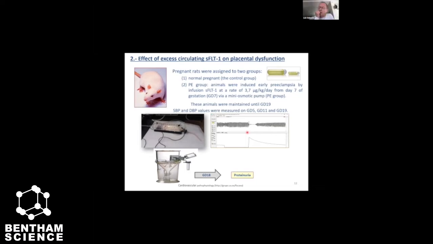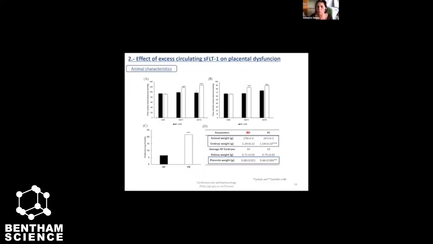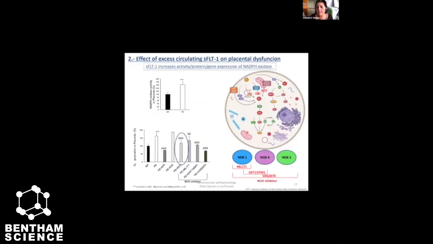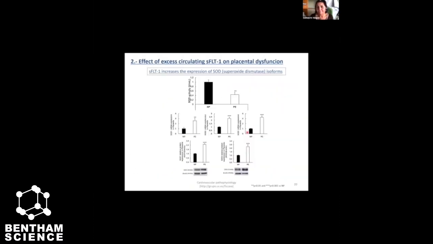Since you think that the oxidative stress system is pretty much involved in the initiation of preeclampsia, did you do an intervention with antioxidants in this model? Well, in this model we have determined the antioxidant enzymes. You can see that, for example, in the case of superoxide dismutase, the activity is decreased, but the expression is increased.